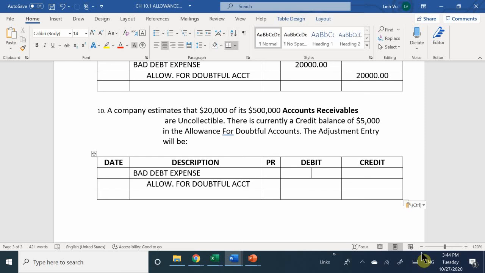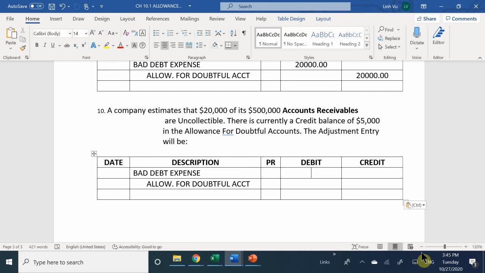I'm sorry. Okay. So your goal here is the estimated amount, right? What is that? 20,000? Yes. So that means your goal at the end of the day is that the allowance for doubtful accounts needs to be a credit balance of $20,000. That's your goal.